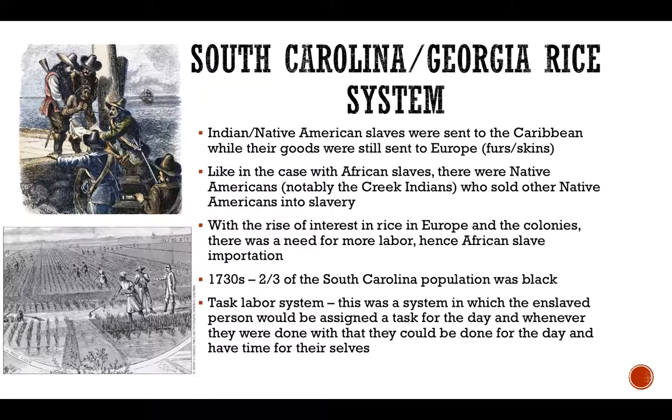And on the other side of that is the European colonizers believing basically the same thing, that the large population of enslaved African people would mean that they could easily take over.